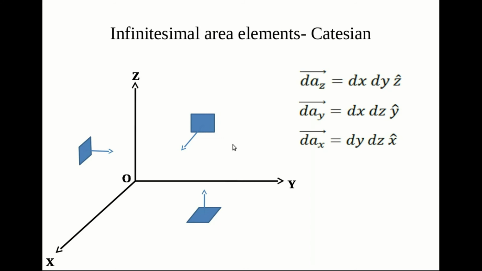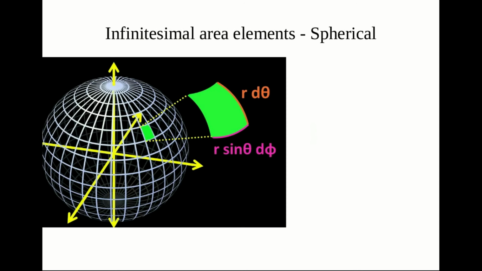Let's use the same logic to find the infinitesimal area elements in spherical polar coordinates. Consider the small patch of area shown here in green color. Its enlarged picture is shown here. We can see that it lies on the surface of this sphere, so r will be a constant for the patch because it is on the surface of the sphere.